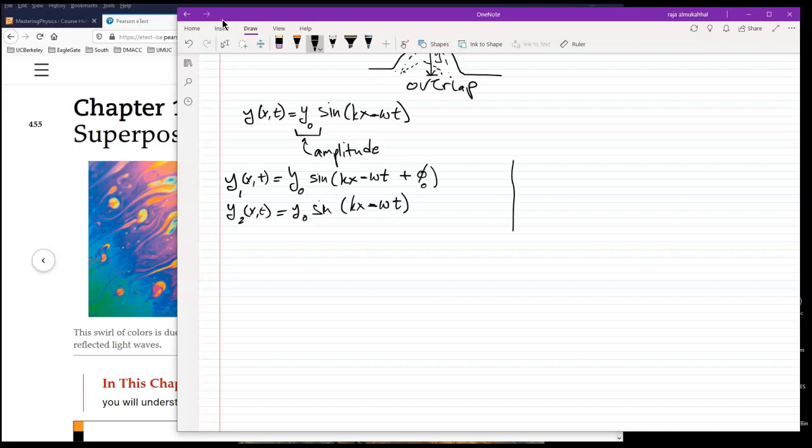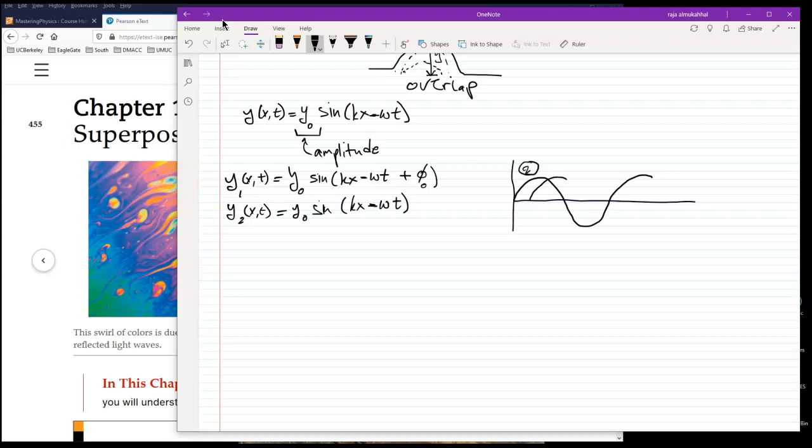Let's say I have my coordinates here, and I want to draw y2 first. Okay, here's y2. Well, if y1 is different from y2 by a phase constant, maybe it is like this.